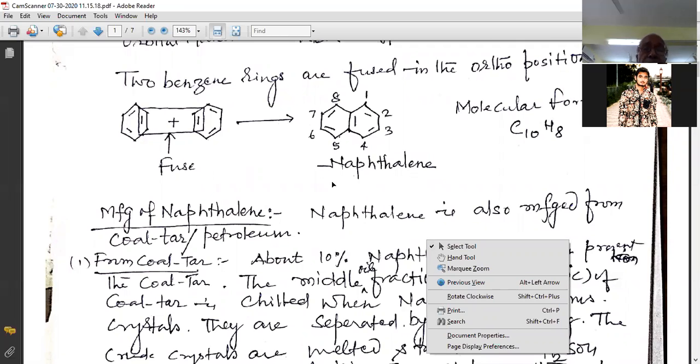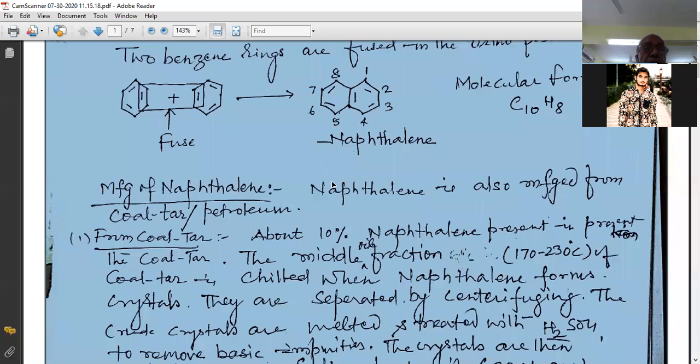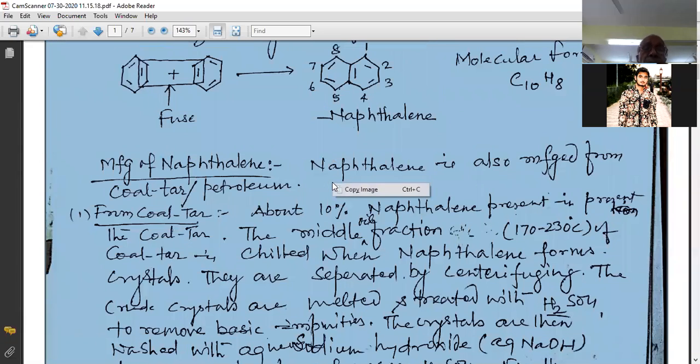And as you know, naphthalene is a component of coal tars and petroleum crude oils, so we can get naphthalene from coal tars as well as from petroleum crude oils. From coal tar, about 10% naphthalene is present.